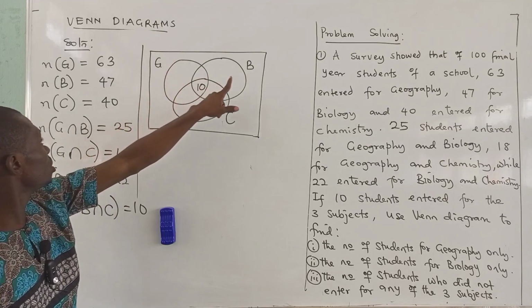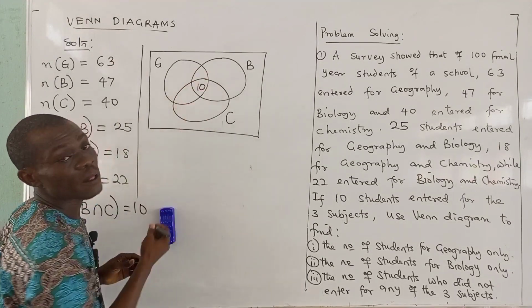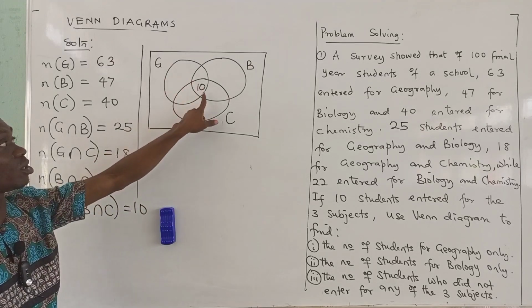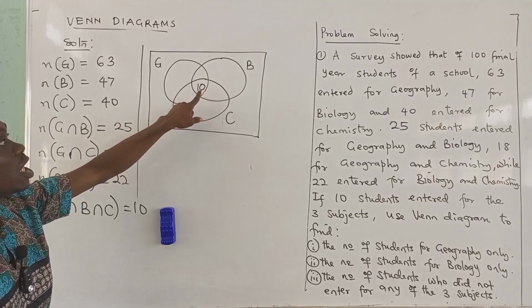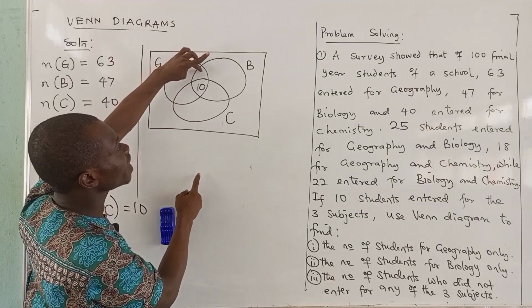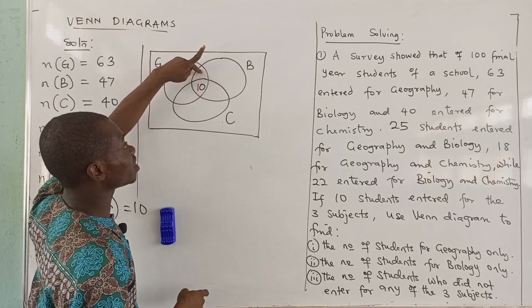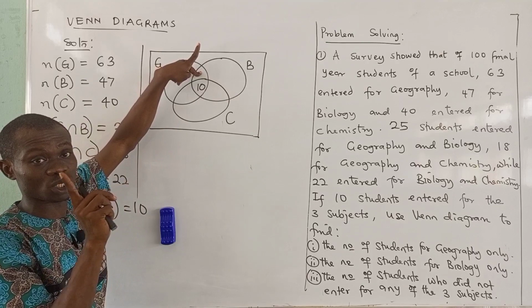B and G is the first intersection after this. B and G is 25. Now, the reason why you are supposed to start from the biggest intersection is that if you write 25 here, the answer is going to be incorrect.